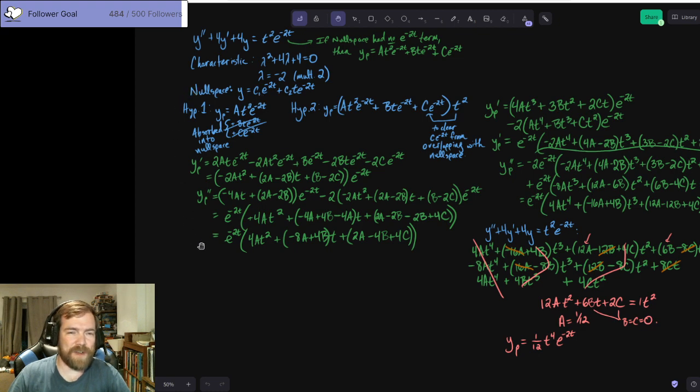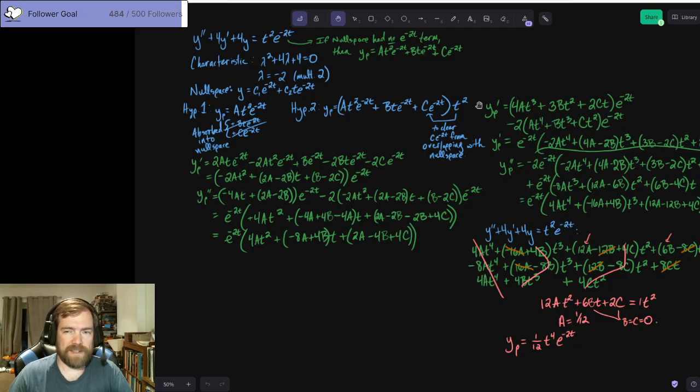Our first hypothesis was, what if it was just at squared e to the negative 2t plus bt e to the negative 2t plus c e to the negative 2t? But the problem with that is that once you get those terms, then we end up with bits that are going to be absorbed into the null space. So that creates a problem.